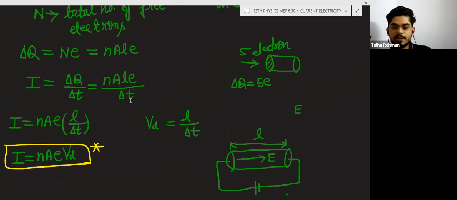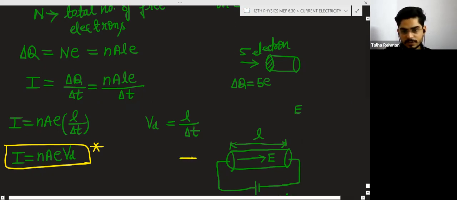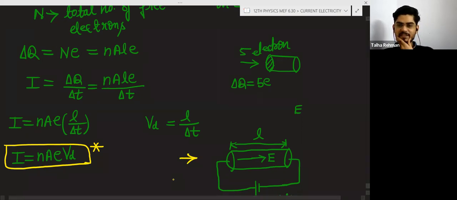We know Ohm's law is potential difference across the ends of the conductor is directly proportional to the current if temperature and other quantities are constant. But today we will discuss Ohm's law along with this in a different way also. So this point you should remember. So this is a simple derivation.